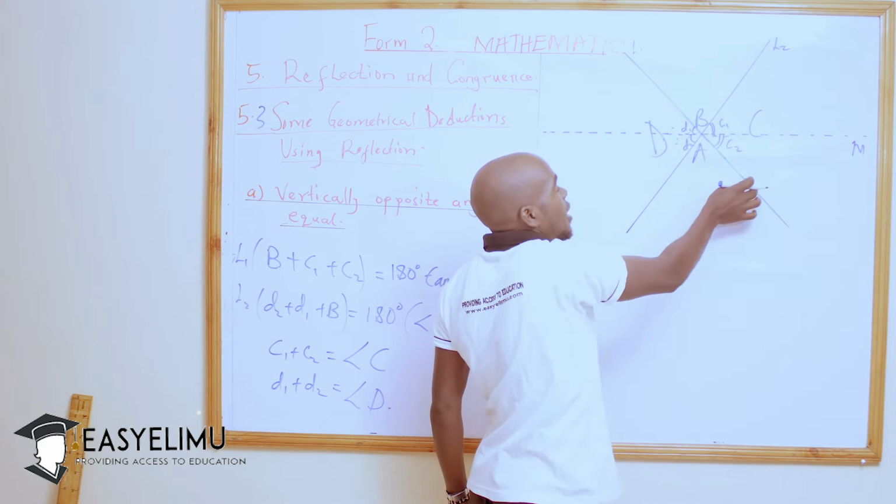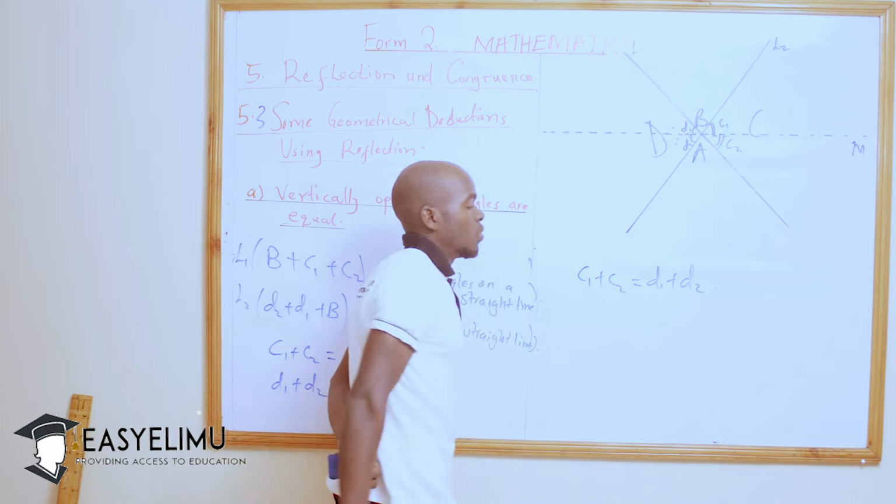Then it deduces that C1 plus C2 is equal to D1 plus D2.